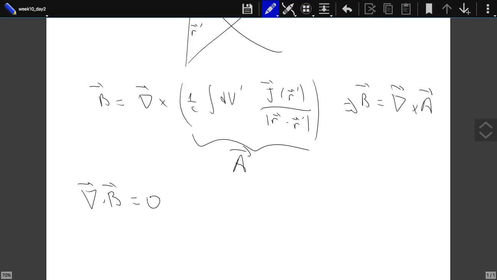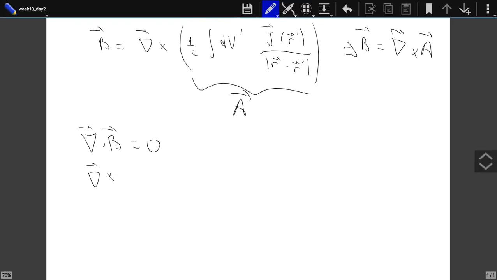This tells us that there are no magnetic charges. Magnetic field lines cannot start or end at a given point. They have to form closed loops, or they can go to infinity, which means they close at infinity.